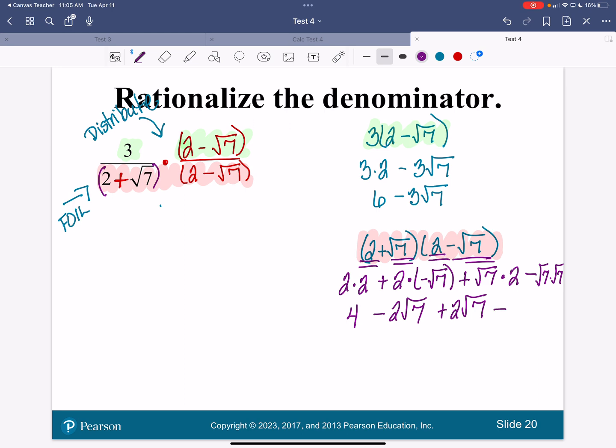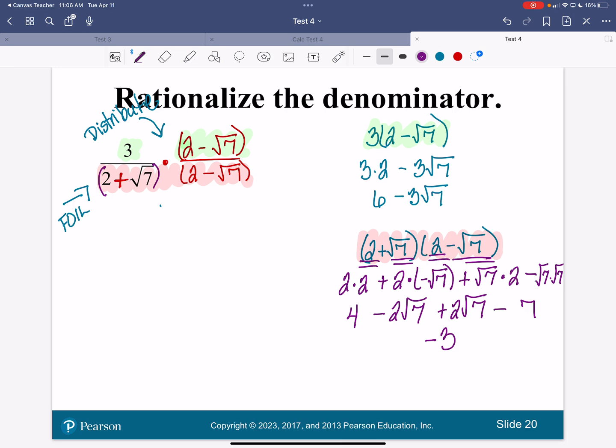What's square root of 7 times square root of 7? So square root of 49. But what's the square root of 49? Good. Okay. So now I've got 4. These two cancel. And then I'm left with negative 3, because 4 minus 7 is negative 3.